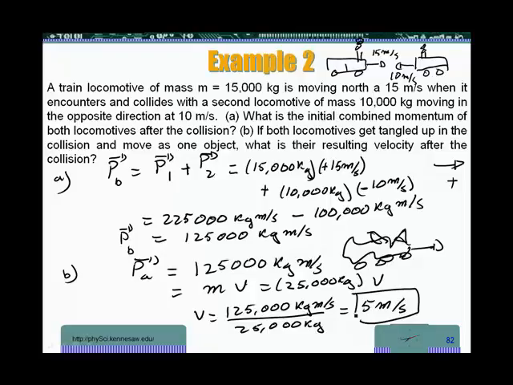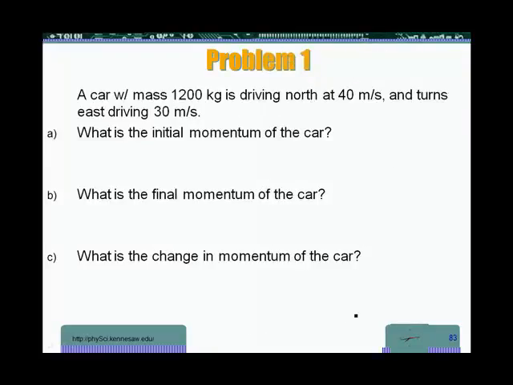Okay, let's work another example. We have a car with mass 1200 kilograms driving north at 40 meters per second and turns east driving 30 meters per second. What is the initial momentum of the car? So it's easy. Initial momentum of the car, mass times velocity.